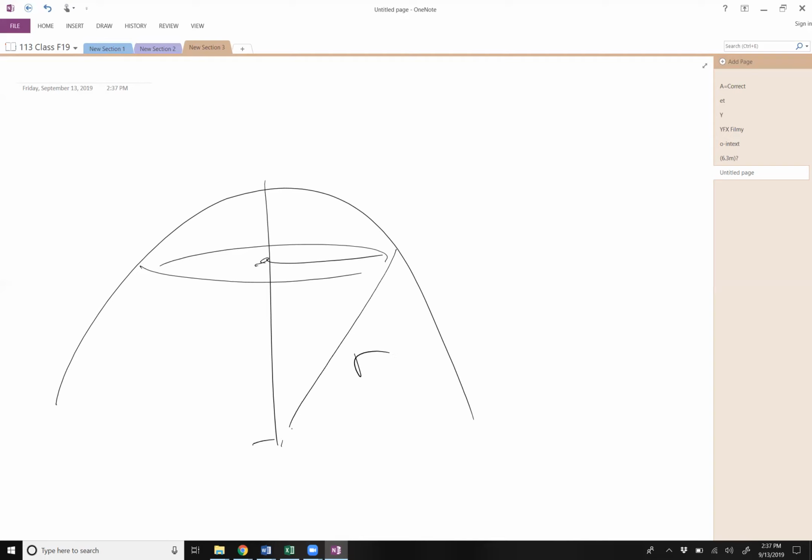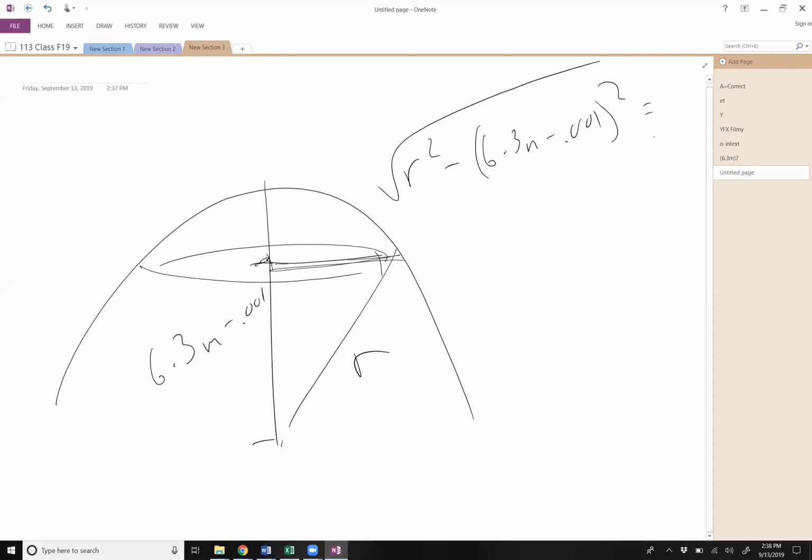This distance from there to there is 6.3 million meters minus 0.001. And then I just used the Pythagorean theorem to figure out what this distance is. So that's r squared minus (6.3 million minus 0.001) squared, and take the square root. And that's what that distance will be, which ends up being about 112.